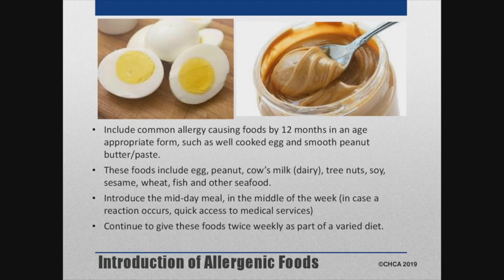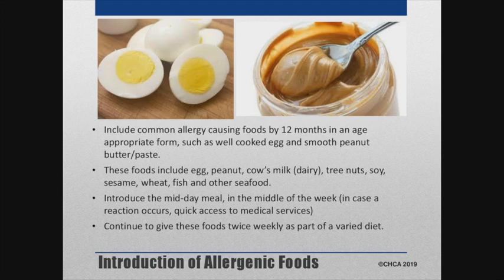Now, when I mentioned introducing these, it used to be that we would be suggested to wait until about 12 months of age. The recent evidence actually suggests that we should be introducing these earlier, around 6 months of age.